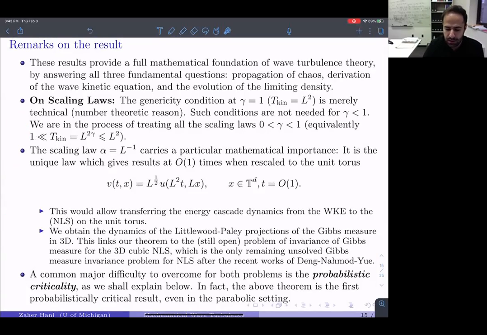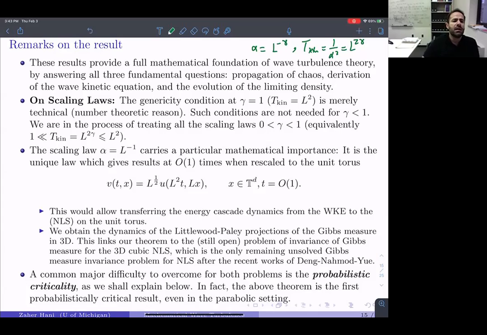As I said, when the scaling law is gamma exactly equal to 1, this corresponds to the kinetic time scale being L squared, because remember, the scaling law tells you that alpha is equal to L to the minus gamma. So the kinetic time scale is 1 over alpha squared, so it's always given by L to the 2 gamma. So when gamma is 1, the kinetic time is L squared.